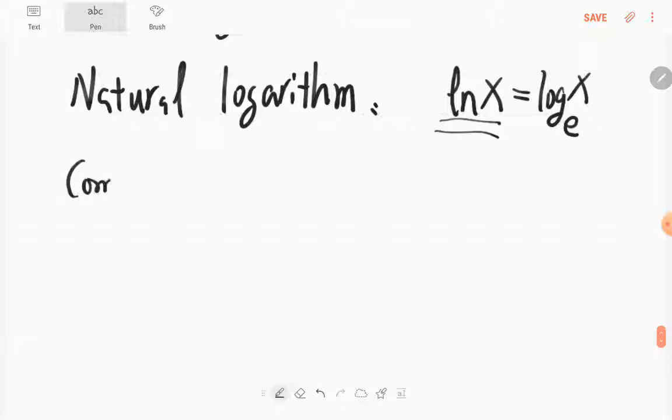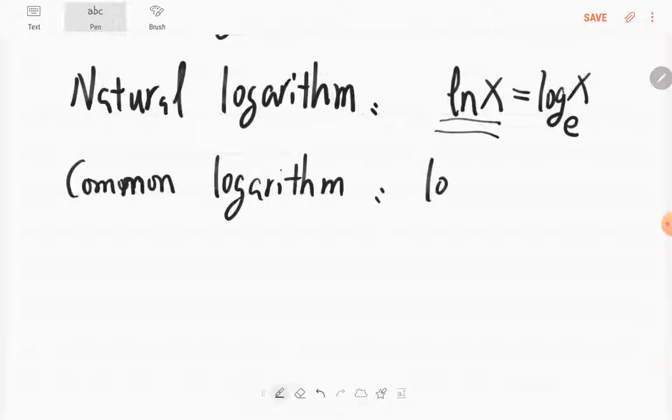Another one is the common logarithm. We use log of x. That means the log to the base 10 of x. If the base is 10, we just write it as log of x. But why do we want to introduce these two logarithmic functions?